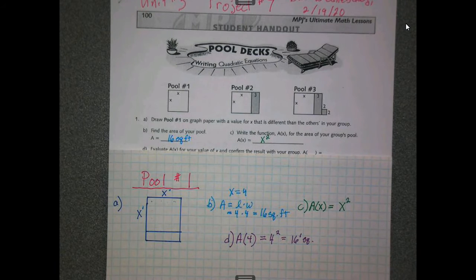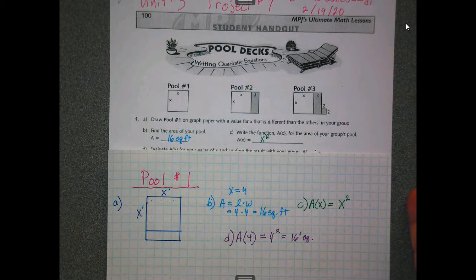Create a quadratic function, right? You're modeling a quadratic function. That's what this course is supposed to be about. But take the next step of what you're actually doing with mathematics. You're coming up with a quadratic model. That's what this is all about.